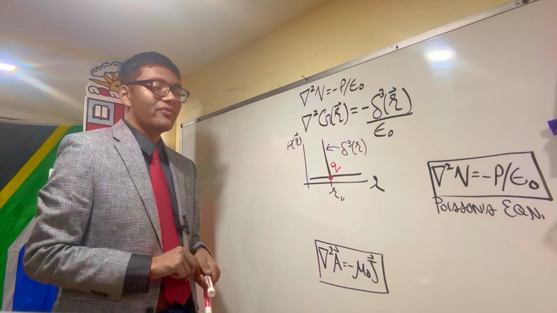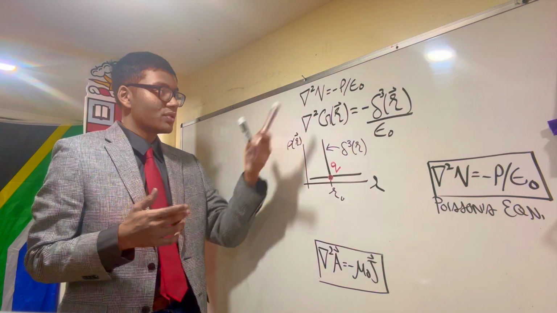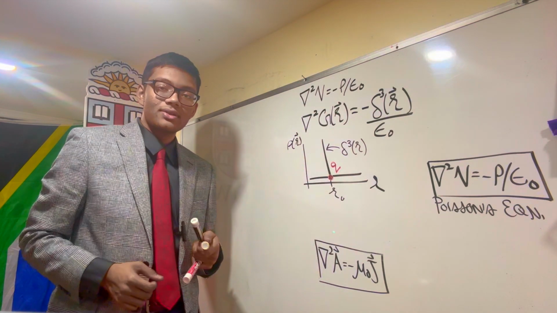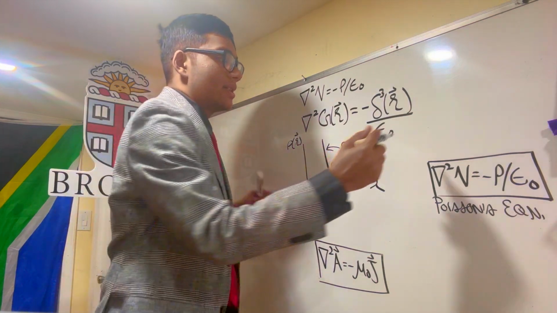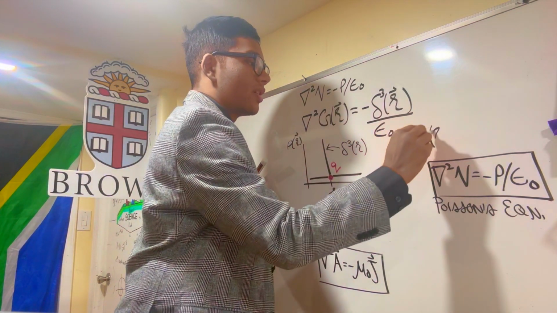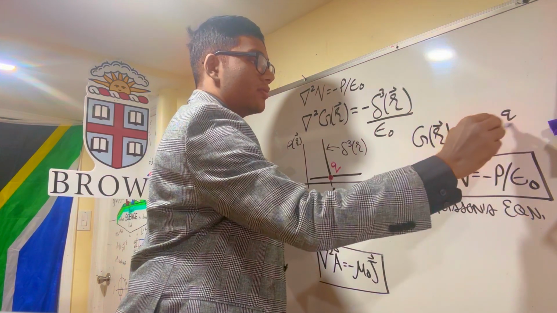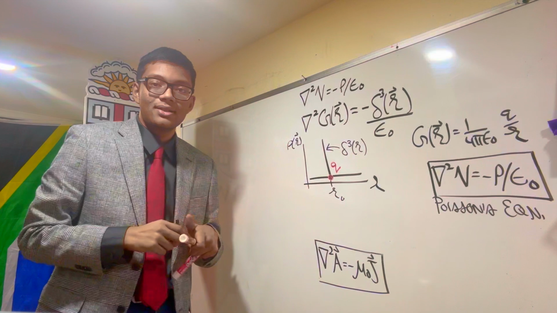The Green's function for this Poisson's equation is just the electric potential for a point charge. So the Green's function here, G of R, is 1 over 4 pi epsilon naught Q over R, where R is the distance to the origin.